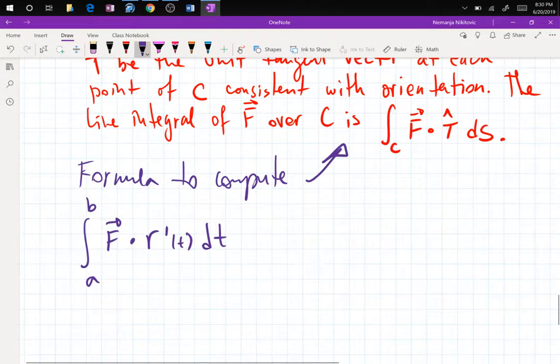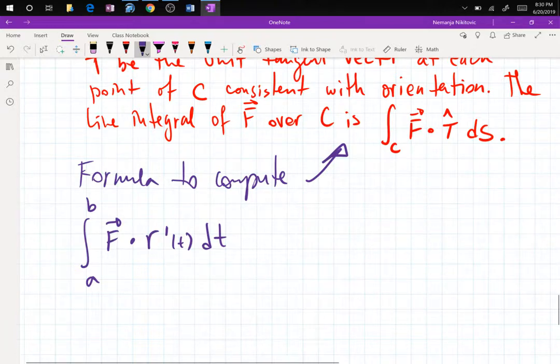Now, the next thing I'm writing is immediately going to restrict you to work in a space, right? Because you are going to now have a 2D or a 3D, depending on what you have.